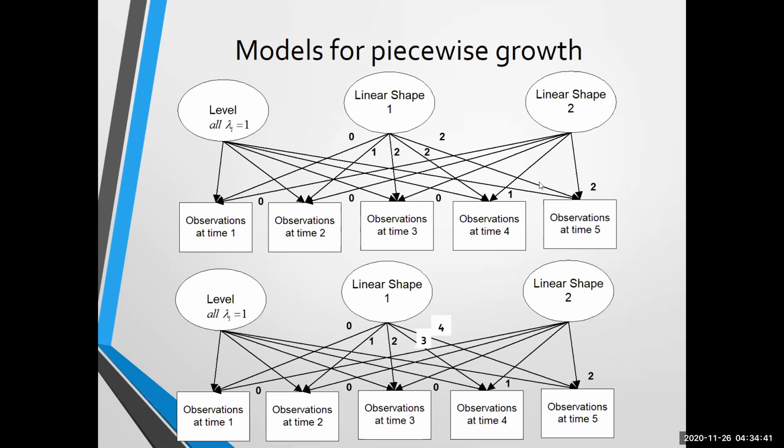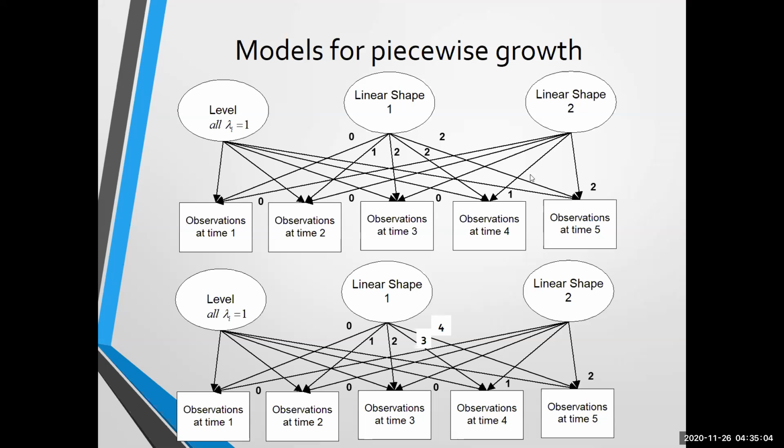And then an additional amount of growth is added. So the loadings of the second linear shape are 0, 0, 0, 1, 2. Therefore, that additional amount of growth is added on top of the growth in the previous one.